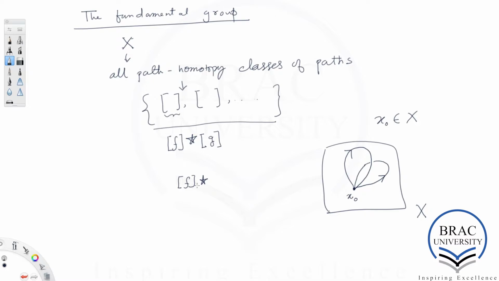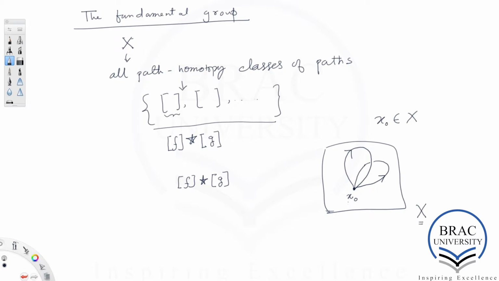We can take the product of any class with any other class in this set, the set of path homotopy classes of loops based at x0. That resolves the problem. So this set of the path homotopy classes of loops based at a distinguished point x0 in X will be called the fundamental group of X relative to this base point x0.